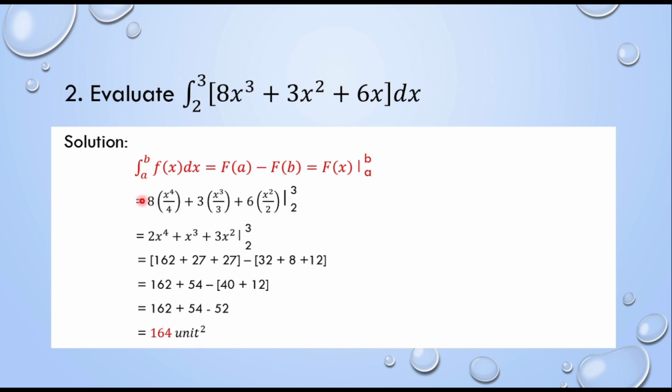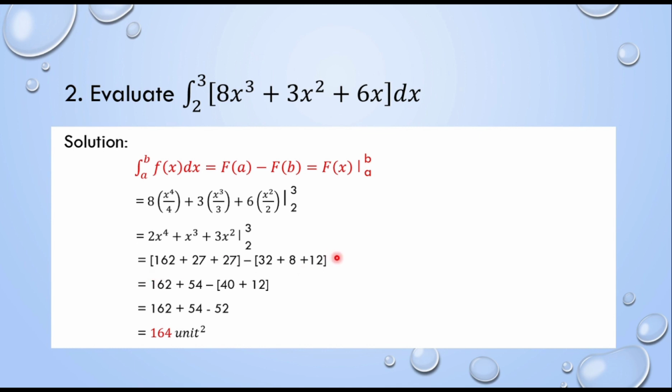We have 2x raised to the power of 4 plus x cubed plus 3x squared over the interval 2 to 3. Then substitute the interval following the formula. We have the result of 162 plus 27 plus 27 minus 32 plus 8 plus 12.